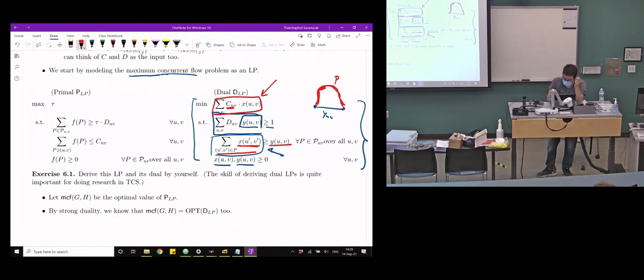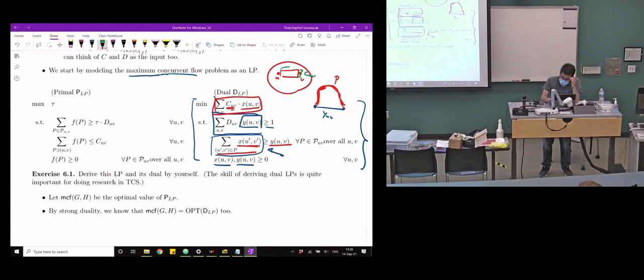Think of this as the capacity of edge uv, and x_uv is the length of that edge. So here what it means is you want to minimize the volume of a graph, right? This is the capacity c_uv, and let's think of capacity as a width.